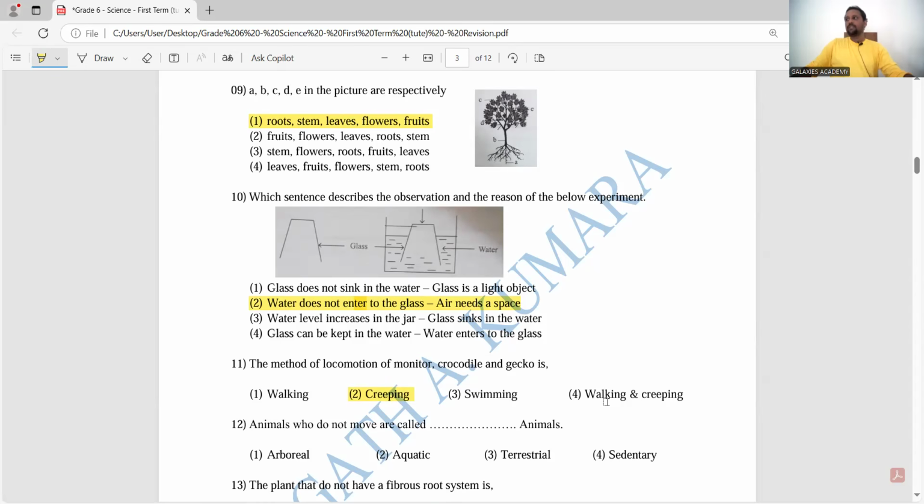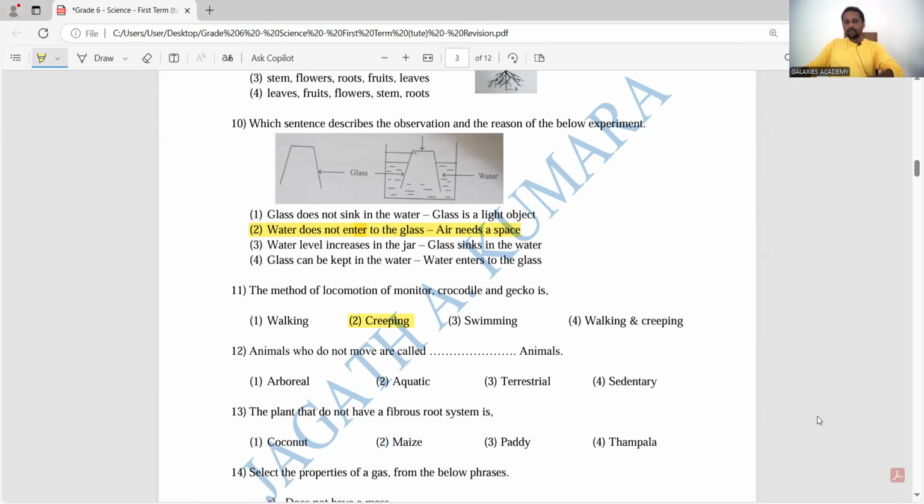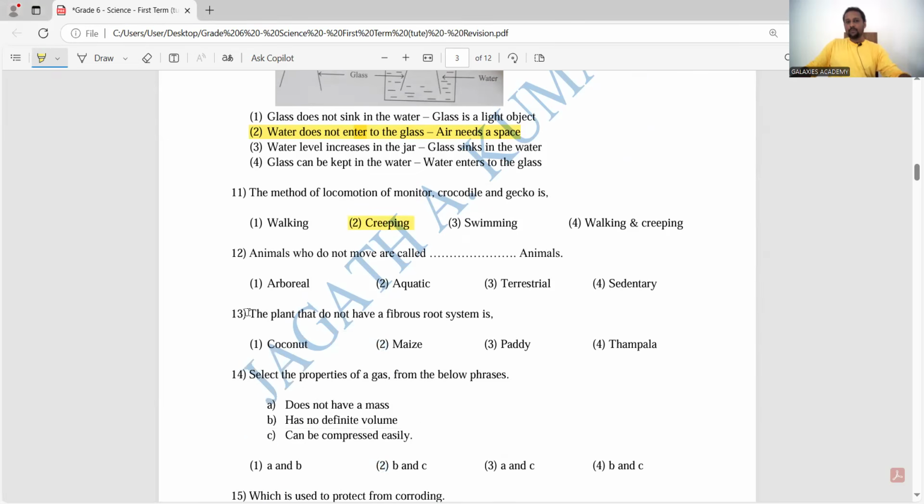Also revise the knowledge of the first 3 lessons. Then you can face well your first term test of the school. Right. Now let's go to the 12th question. Animals who do not move are called blank animals. Right?